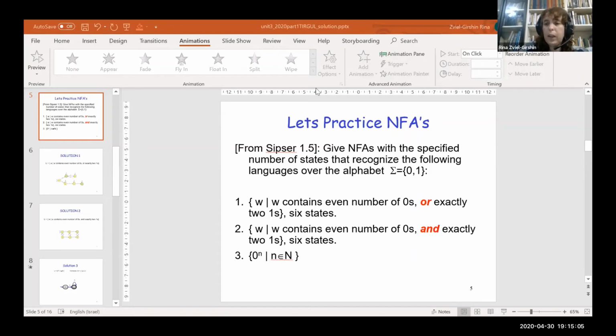So the next question, can you see the screen? Yes. Okay. What does it mean? We want to accept the language 0 to the power of n, where n is a natural number. I mentioned in the lecture slides that natural numbers start with 1. 0 is not a natural number.